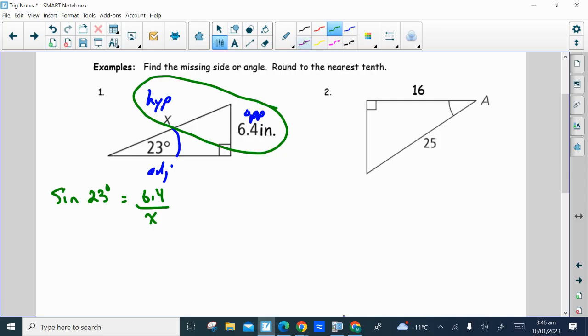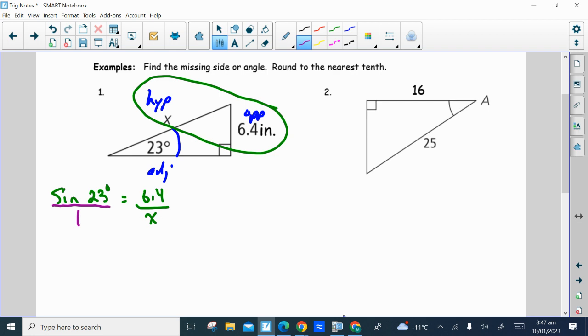So on the video, he said, well, to get x by itself, what he did is he multiplied both sides by x, which is the same thing as what we've been doing, and that is cross multiplying. You see, when you multiply both sides by x, you're going to have an x times the sine of 23, and on the right side, the x's would cancel. So you just have 6.4.